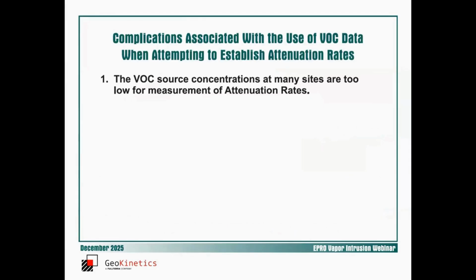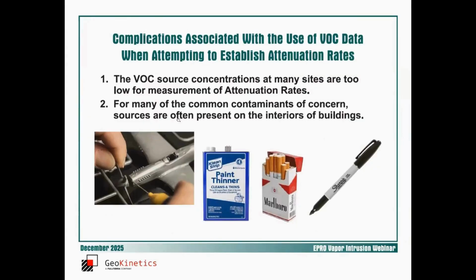What we found is that the VOC source concentrations at many sites are too low for us to measure the attenuation rate of a barrier using VOC data. And another problem in using VOC data for this measurement is that we've got a lot of contaminants on the interior of the buildings from construction materials and other things.